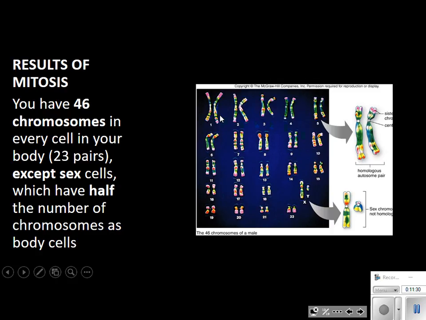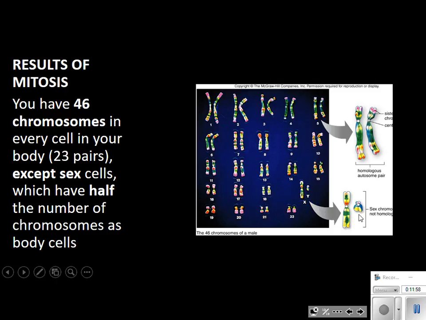Now, if you would count these, there are 22 pairs, and here's the 23rd. You probably can't see it, but this right here says that this 23rd, the sex chromosomes, this is an X and a Y. The X is the bigger one here, and the Y is the smaller one.